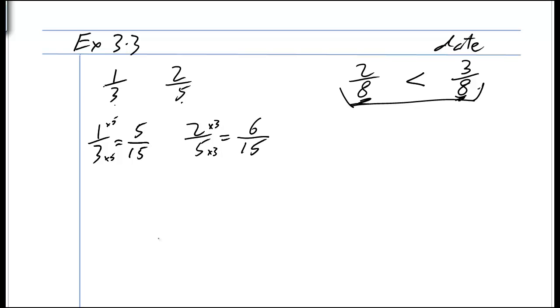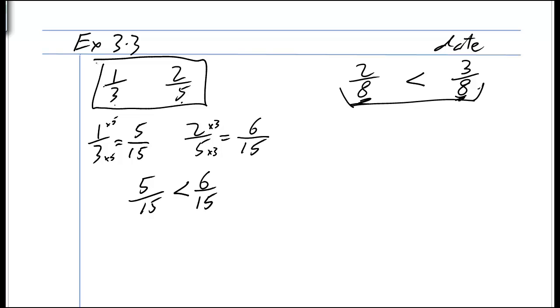So, what we've got, which one's the biggest fraction? You've got 5/15 or 6/15. Obviously, 6/15 is bigger than 5/15. So we put the little less than sign. 5/15 is less than 6/15. And then we go back to our original sum. The original fractions were these ones here.